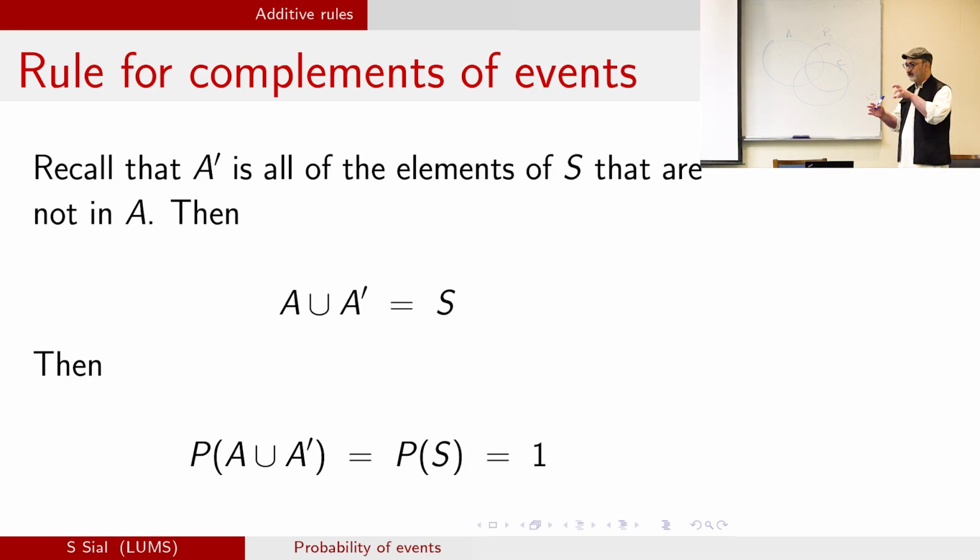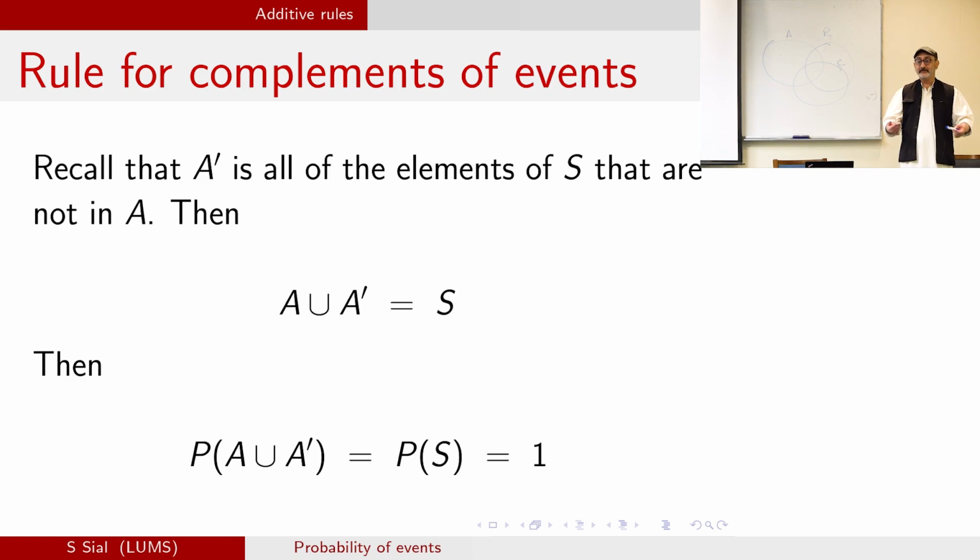I took S and I ripped out everything that was in A. That's the complement of A. So if I take the union of A with its complement, that gives me all of S. So for any subset A of S, A union with its complement in S gives all of S. Now, what is the probability of S?